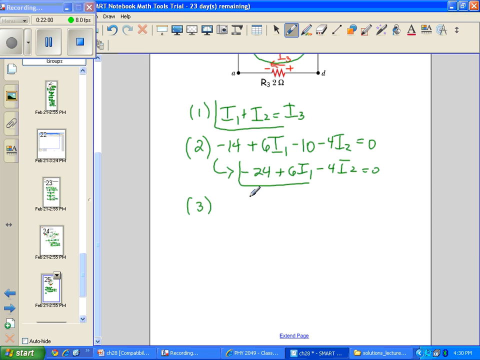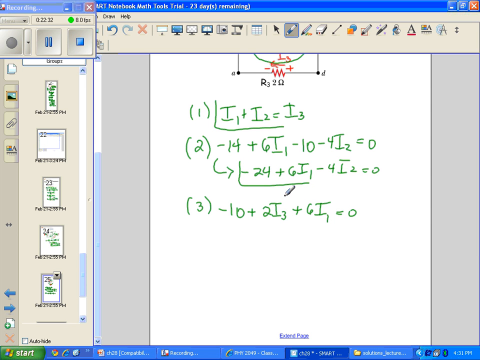Here I have this in writing, although we can't quite see it, but I have a minus 10 volts plus 2I3 plus 6I1 equals 0. Well, let's see, is that correct? Plus 6I1. Now, what I want to do is I want to substitute, let's see, did I get this right?